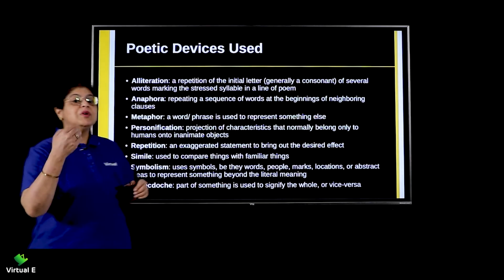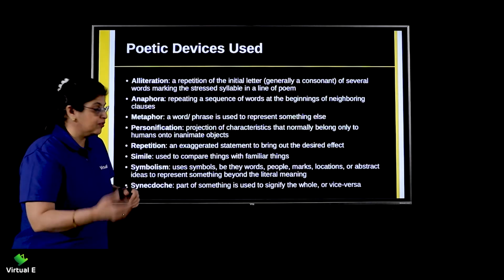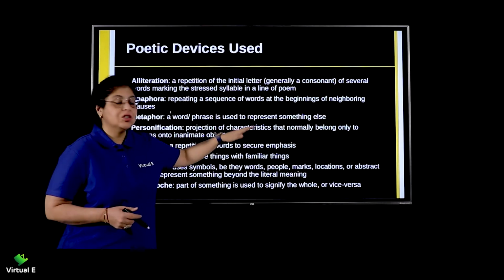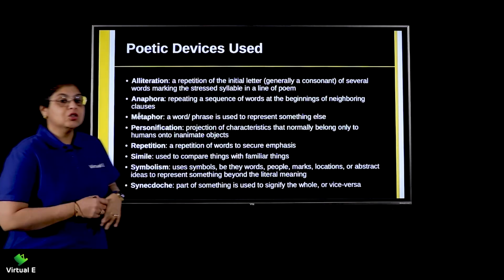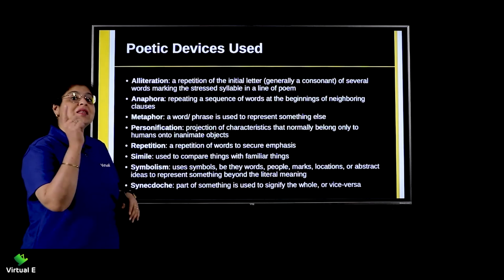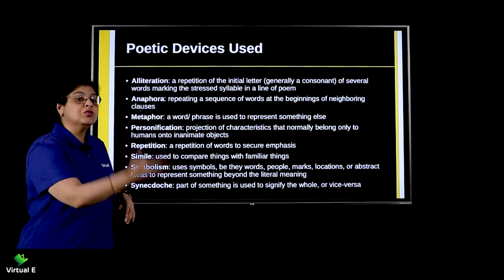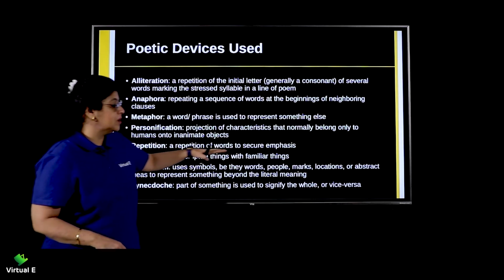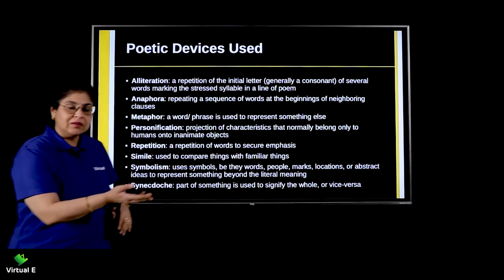So it is personification. It is being personified. Repetition, it is a repetition of words to secure emphasis. So quite a few times the same word is repeated in the same line 2 or 3 times. That's repetition. Simile is used to compare things with familiar things.